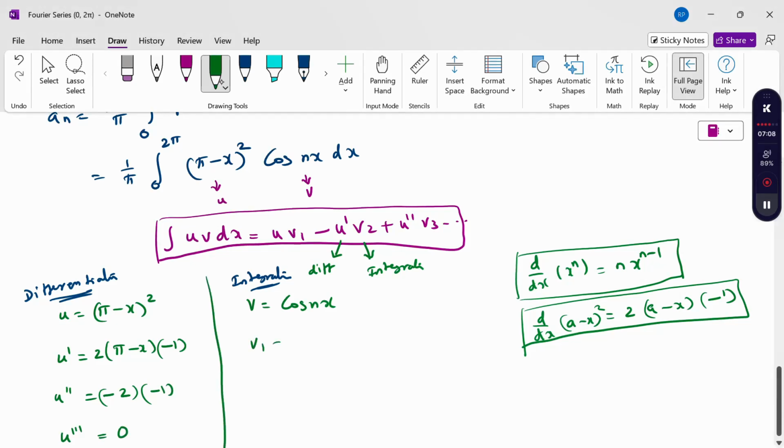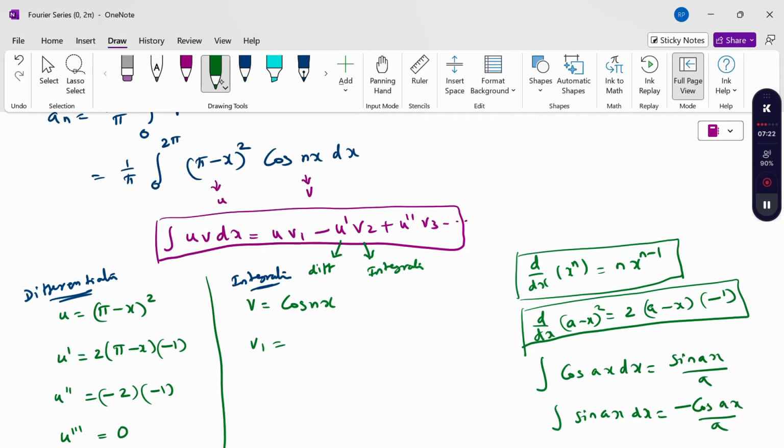Now v1: integration of cos ax dx equals sin ax by a, and integration of sin ax dx equals minus cos ax by a.